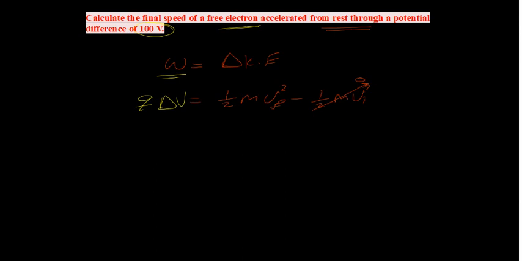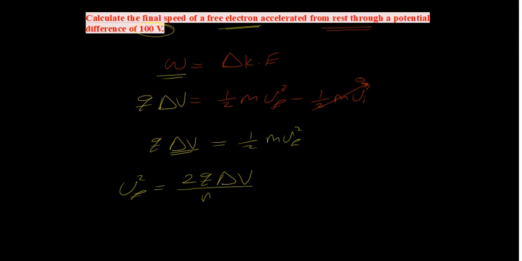So I end up with q delta V, the change in potential difference, please don't mix that with the velocity, equals half m v final squared. So v final squared will be 2q delta V over the electron mass, and v final equals the square root of 2q delta V over electron mass. You just need to put the numbers.